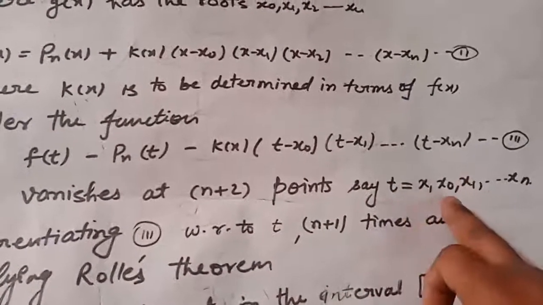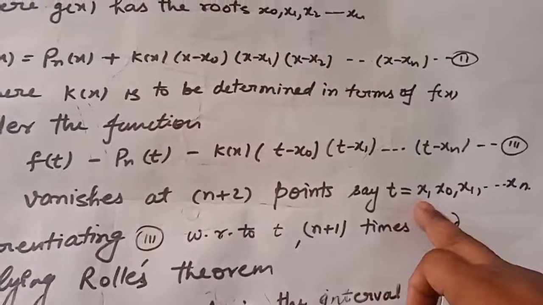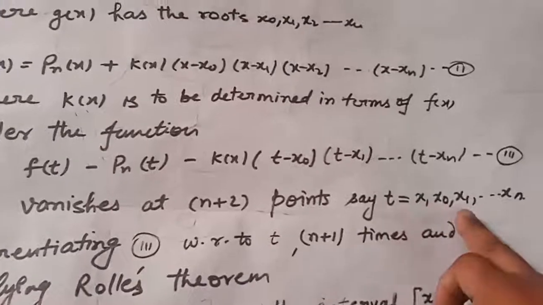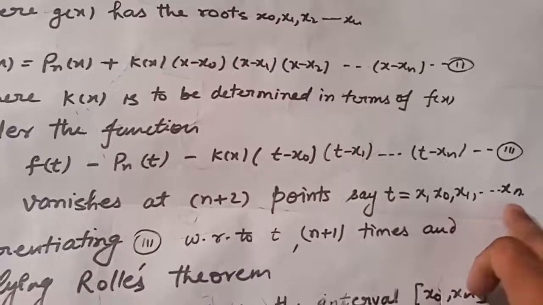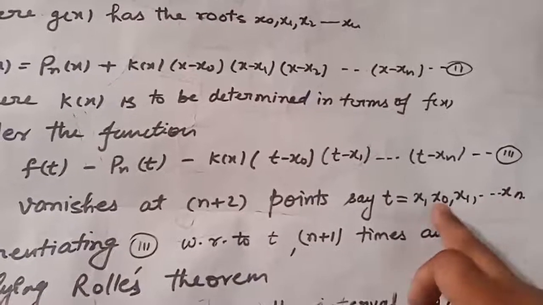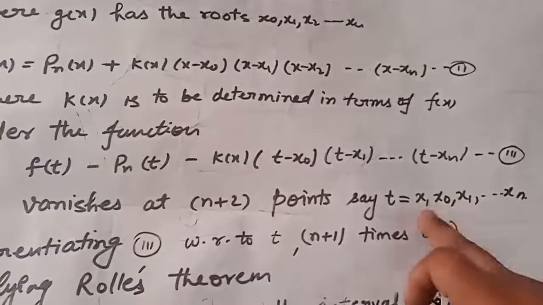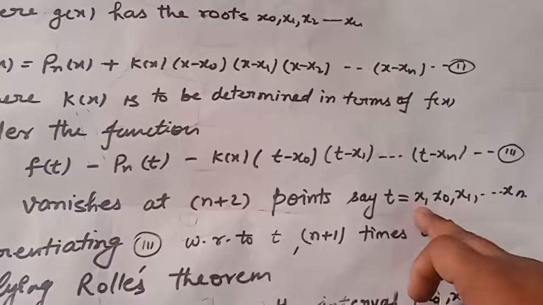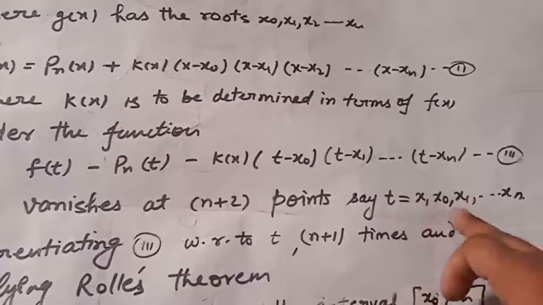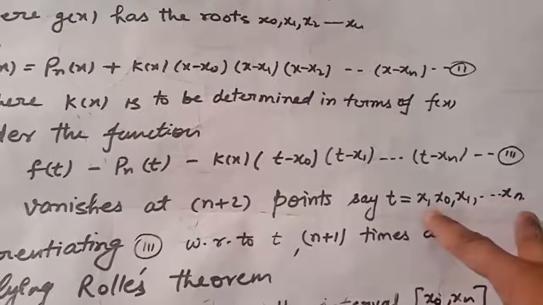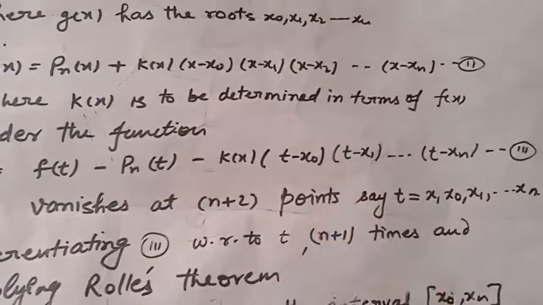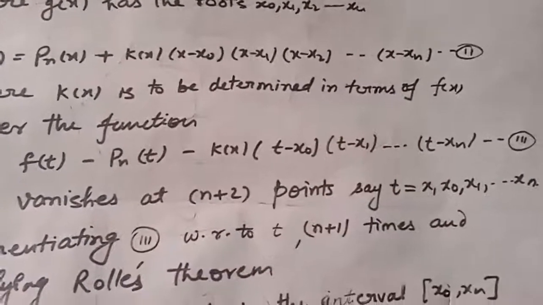Count them: keeping x is 1 point, x0 is 2, and from x1 to xn there are n points. So overall n+2 points. So if you differentiate this equation n+2 times, you will get the derivative 0.